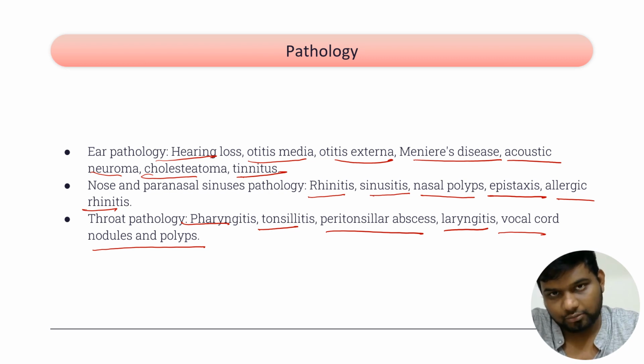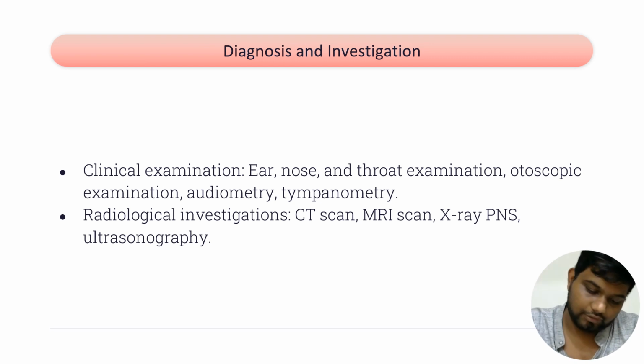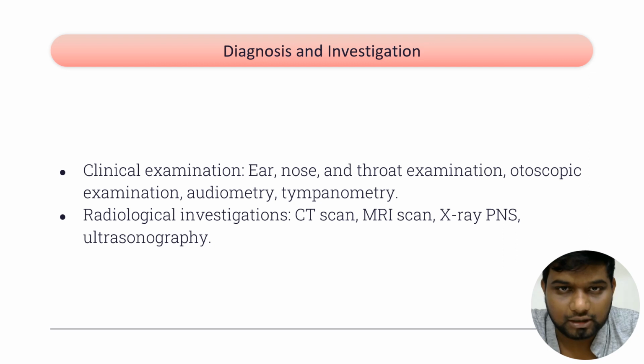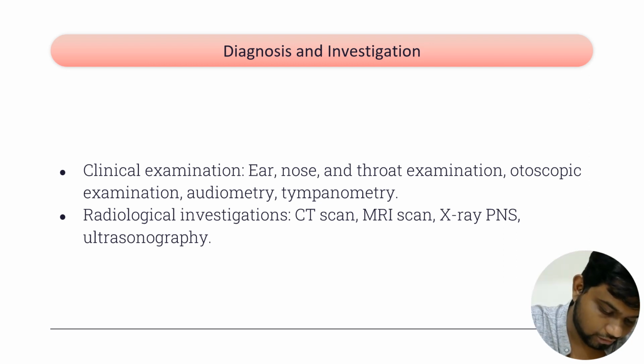So pathology, whatever diseases I told you, whatever anatomy and physiology we told you, you have to remember. Apart from that, you need to remember a few things like the examination and investigations. The tests for ENT they may give you are pretty important. For example, a tuning fork test, BERA are named tests which are very important in the case of your diagnosis and investigation.